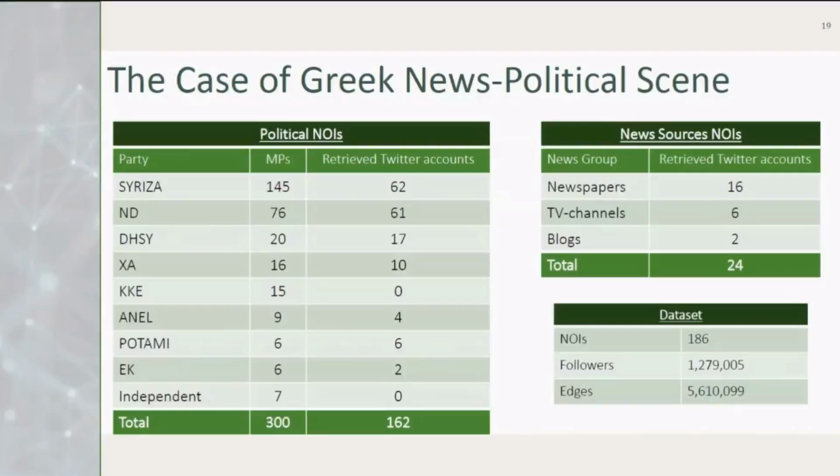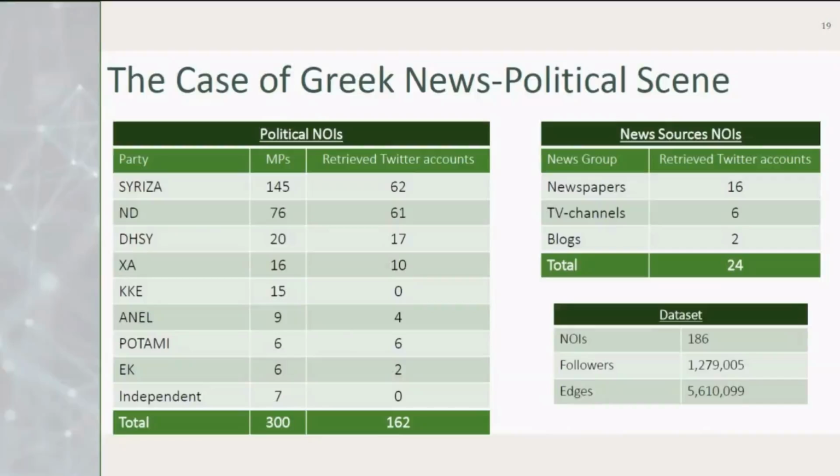We have 8 political parties. The total number of members of parliament in Greece is 300, and we managed to find Twitter accounts of 162 members. We were unable to find any account for a specific party that held 15 of the seats in the parliament back then in April 2018.